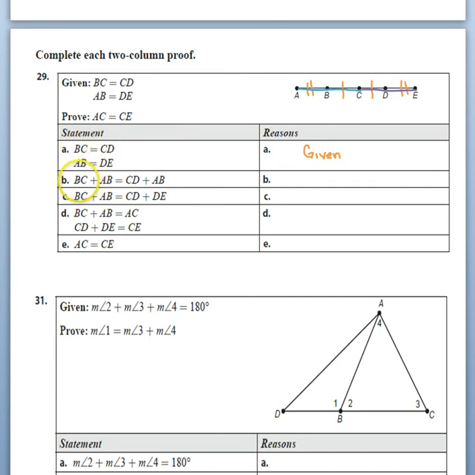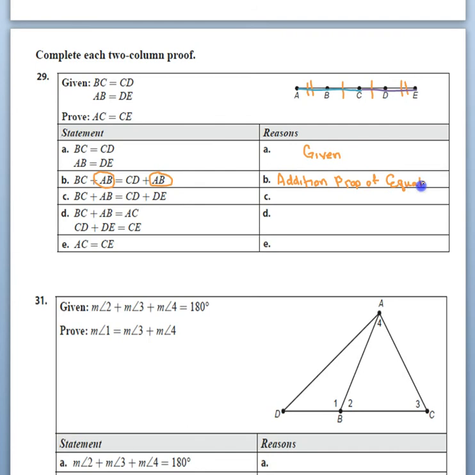If we look at statement B, we have BC and CD in that statement as well. The difference is that there's now an AB on each side. So we added AB to each side. So this is addition property, because we are adding something to each side. And we also would put in there that it's the addition property of equality.